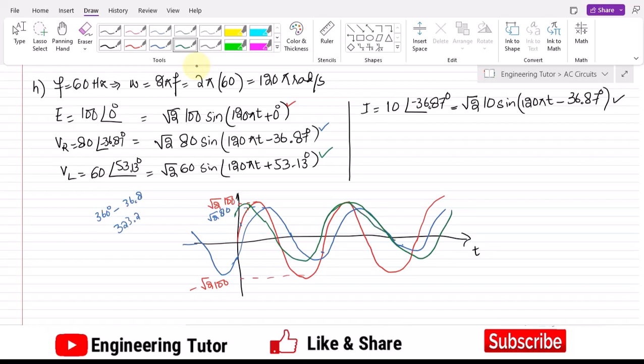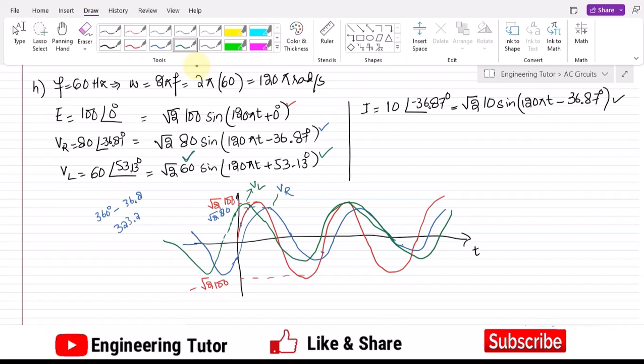You may grasp how it would look like, such that these two will be 90 degrees apart from each other. So this is V of L, this is V of R. These are the voltages, and the amplitude it has is this one, sorry, with this green. Okay, so that is the amplitude.